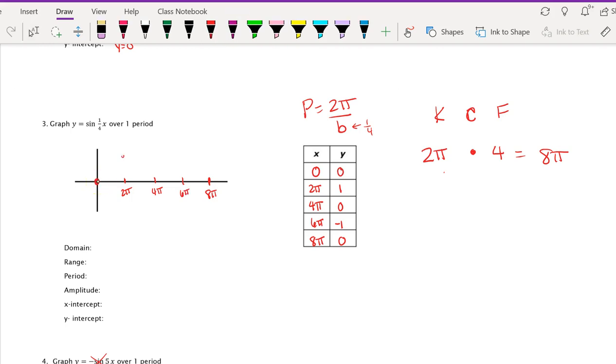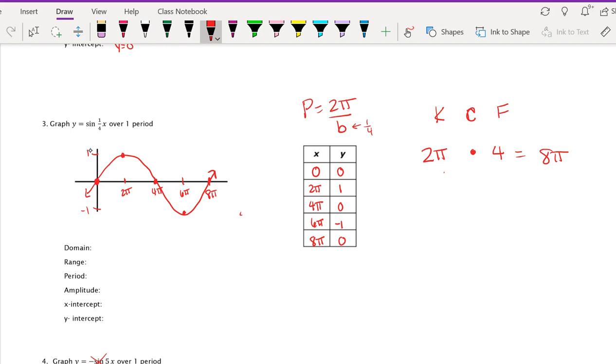And so up, down, down, up. So this was 1, and this was -1. So, whoops, I missed. Here we go.